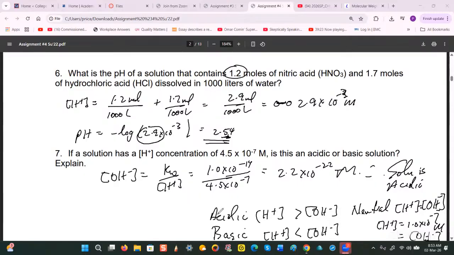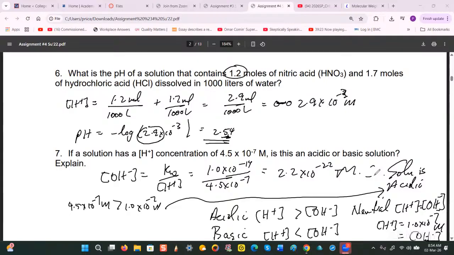So one could say that because 4.5 times 10 to the minus 7 M is greater than 1.0 times 10 to the minus 7 M, that means that the solution is acidic. So that's just an alternative way of coming to the same result.